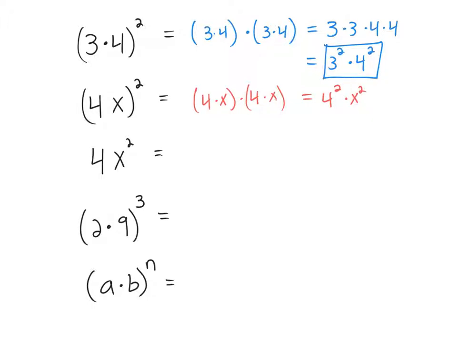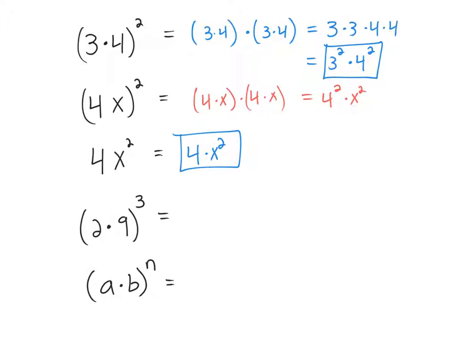Now I've thrown this next problem in here, this 4 times x squared, because this is often confused with this, and this, our 4x squared, doesn't actually simplify. So when I simplify 4x squared, it's different than 4 times x, all of that squared. This cannot be simplified, 4 times x squared, and that's actually our final answer.